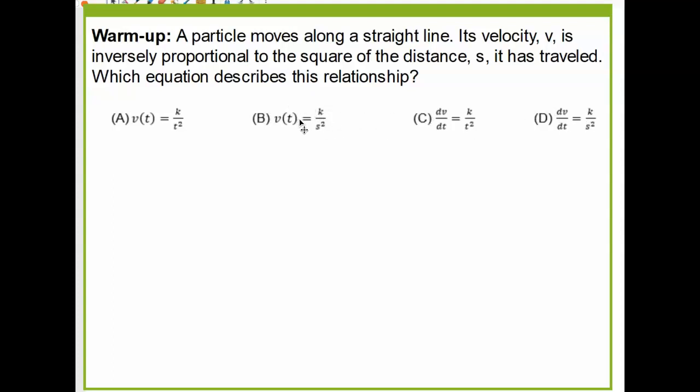So both dv/dt here and here are similar. The difference is this is the derivative of velocity with respect to time. This is the derivative of velocity with respect to distance and talking about time. So our correct answer is B.